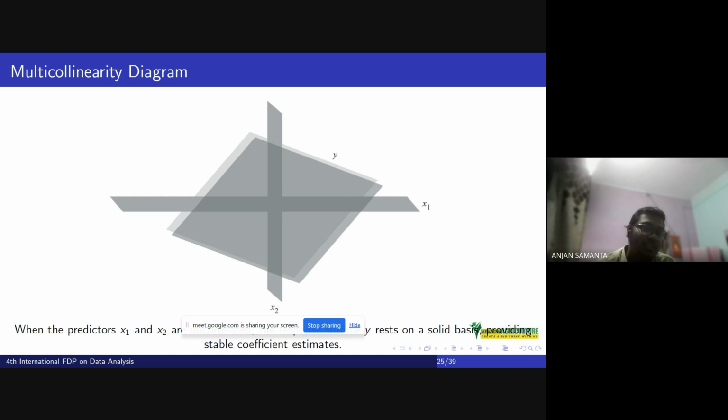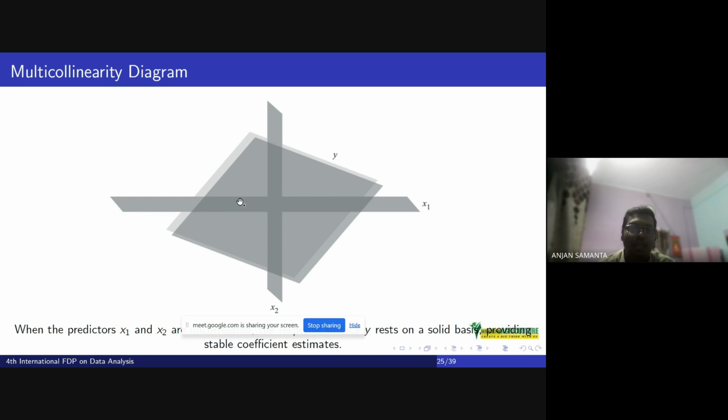If the correlation is quite high, the regression model will not be stabilized. You can see this diagram. Suppose you have a cross like this. On this cross, you can put a plain sheet. It will be stable. But if it is like two lines being close, you cannot balance a sheet there. Whenever these lines are very close to each other, you cannot balance a sheet.